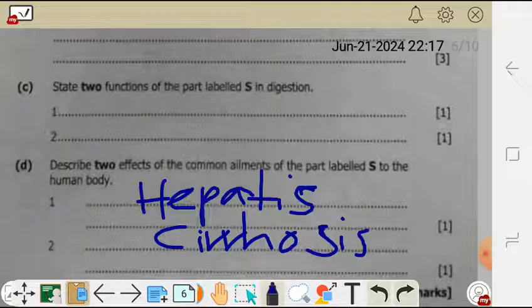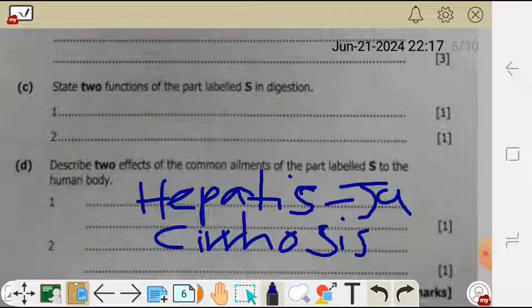And now we describe 2 effects of the common illnesses of the part labeled S to the human body. So the effect of hepatitis here, we can have jaundice, which is discoloration of the skin. The skin will start appearing yellow, due to accumulation of bilirubin. So we have hepatitis, which causes jaundice.